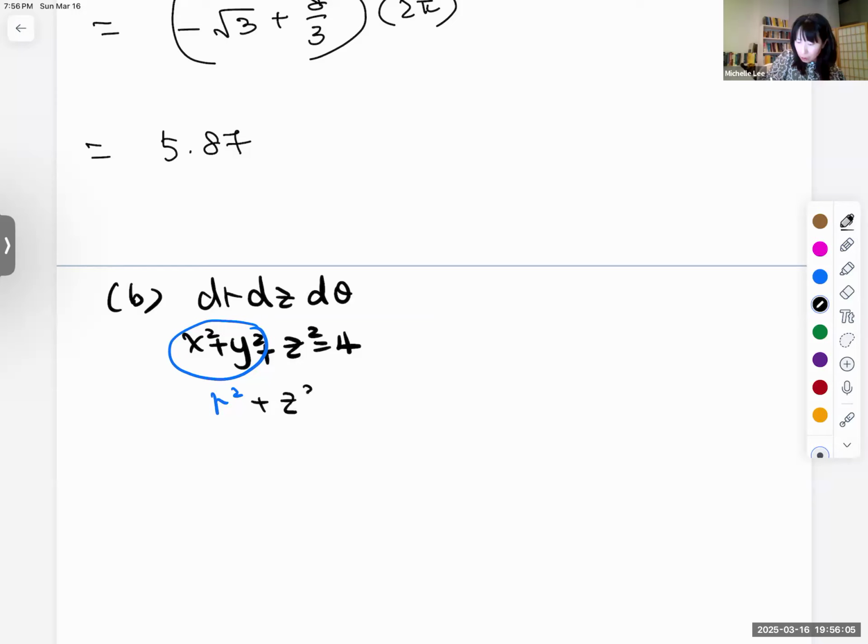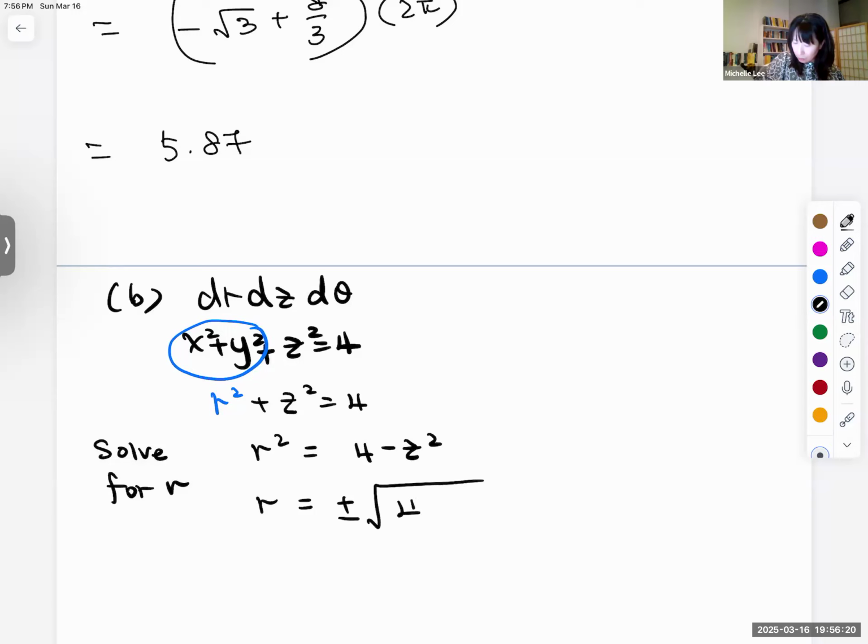And plus z squared equals 4. Now we want to solve for r. So r squared equals 4 minus z squared. r equals the upper, so we take only the positive, right? So square root of 4 minus z squared. Yeah, take the upper, since upper.